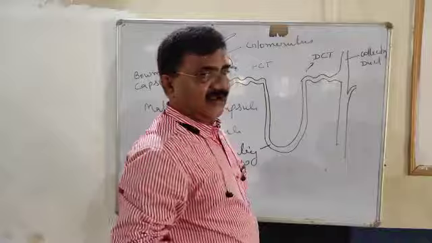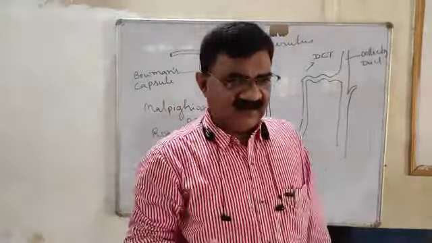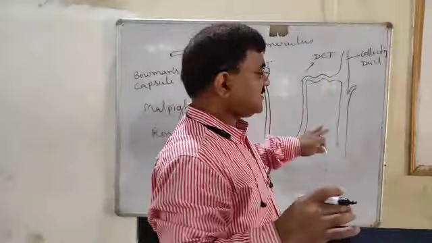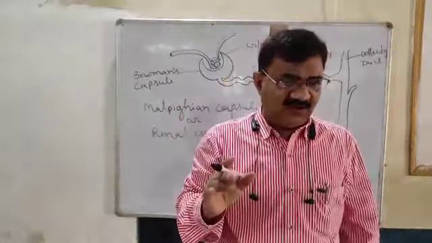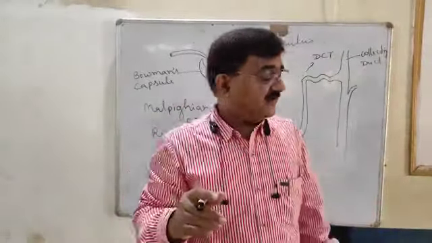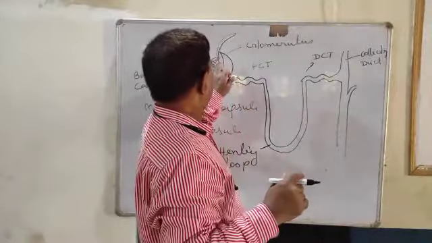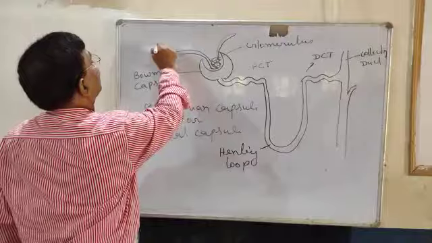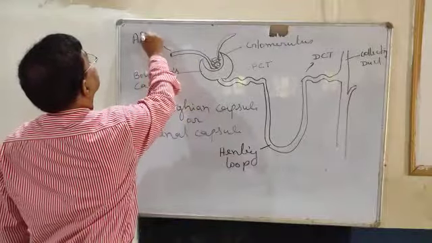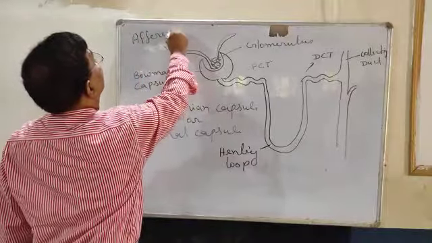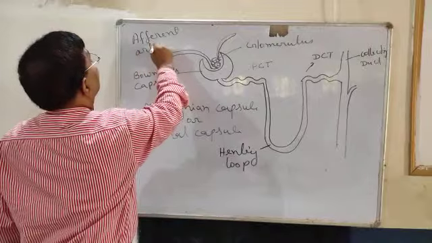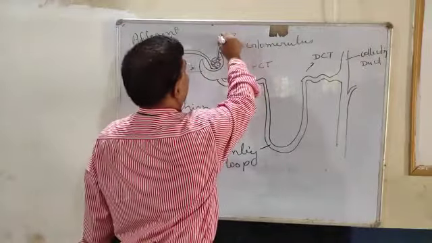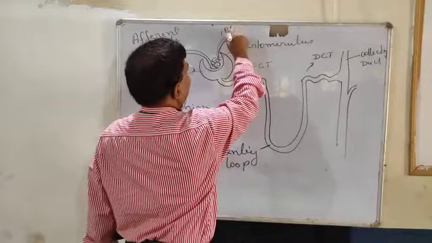Now, try to understand. This part is clear. Structure of the nephron. And what happens? This one is the afferent arteriole. See here, and this one is the efferent arteriole.